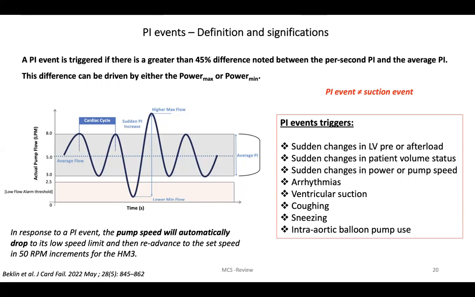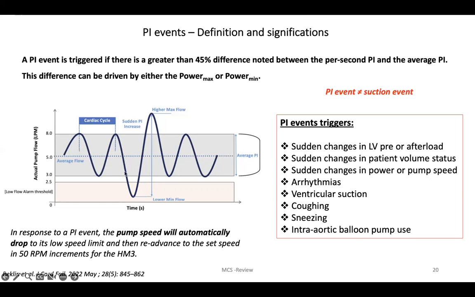A PI event is something that is detected by the pump, and it's triggered if there is a greater than 45% difference noted between the per-second PI and the average PI. And that's why it's important that it's measured every 15 seconds, because that measurement allows the pump to detect a PI event. This difference can be driven by either the power max or the power mean.